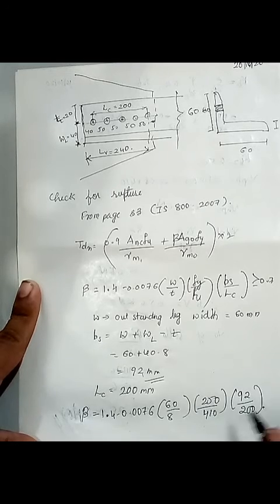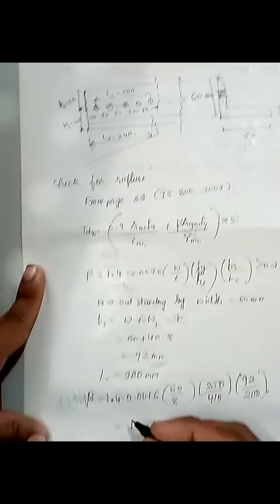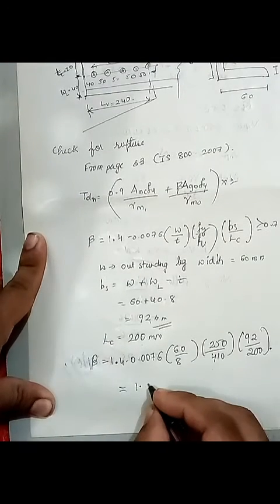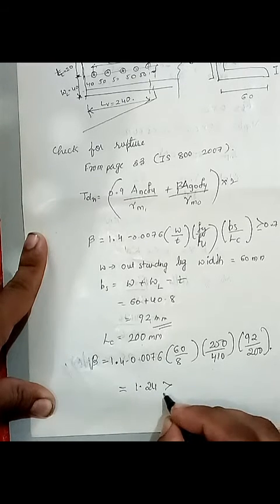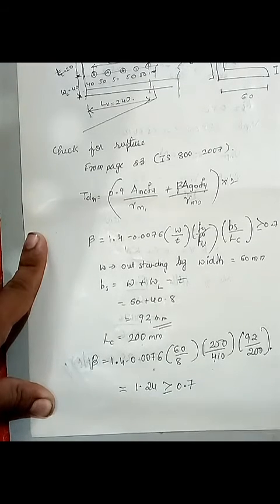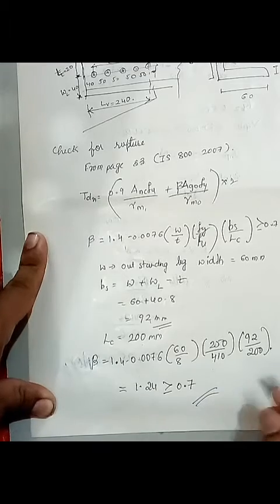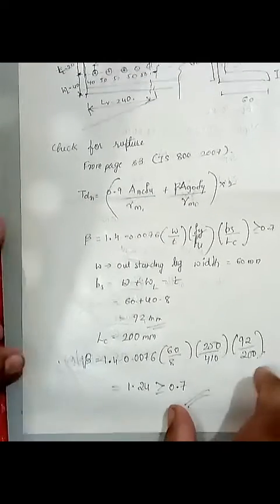So I get beta equal to 1.24, which is greater than 0.7, and the beta value is safe. So now moving back to the calculation.